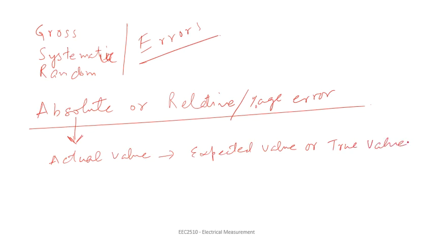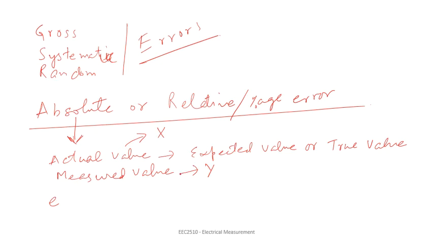Whatever name you choose for it. And there is one parameter which is the measured value. So if you denote this absolute error by this small e, and let's suppose we denote the actual value as x and measured value as y.